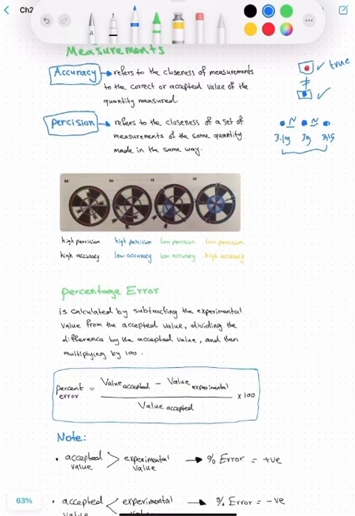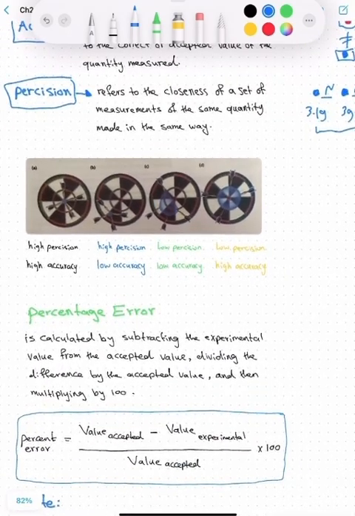Let's take some examples. If you play darts, or whatever you call this game, the accepted value or our aim is in the middle, right? We should get all of our darts here, right? So this is our true value. Look, all of them are exactly on the true value, meaning that we have high accuracy.